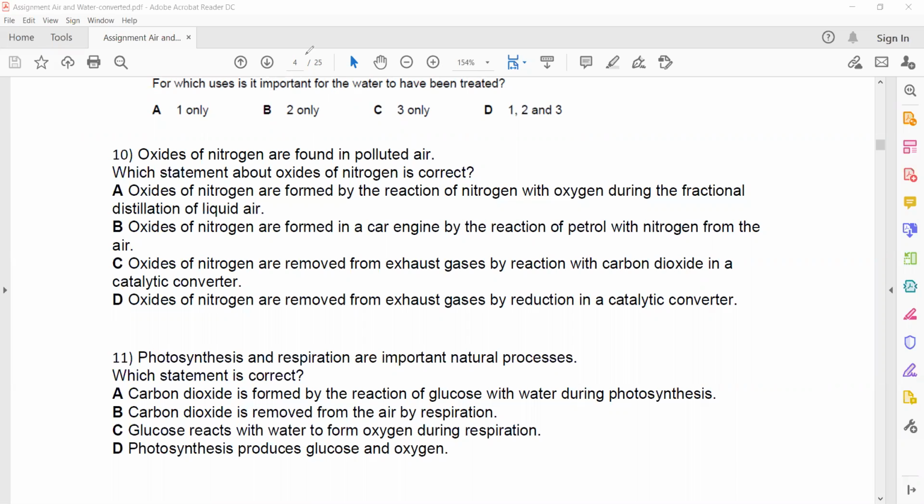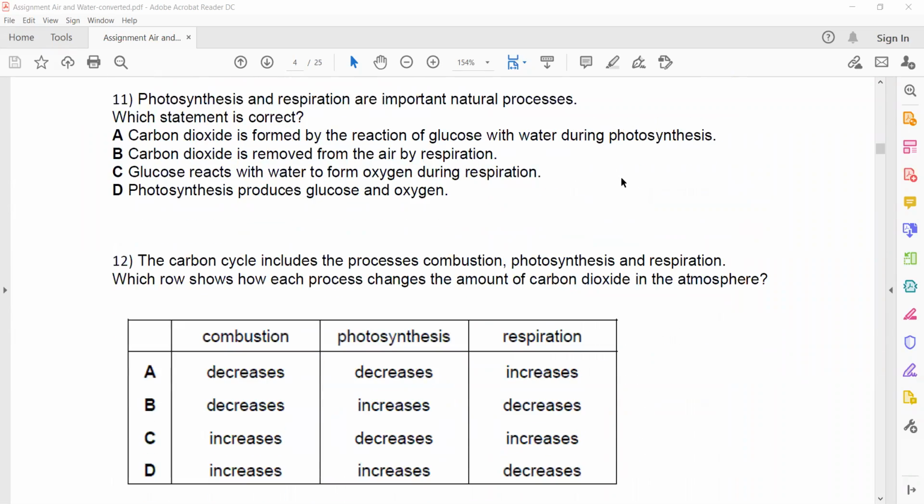Question 11. What could be the answer for question 11? Yeah, D. Again, photosynthesis produces glucose and oxygen.